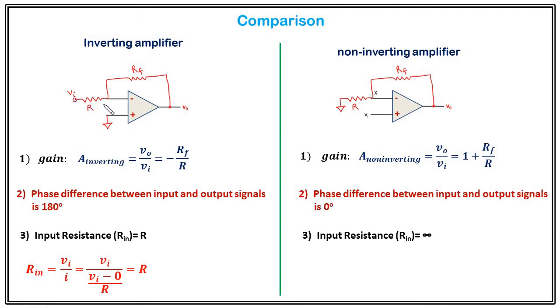Voltage here is VI and voltage at this point is 0 because this point is at virtual ground. Non-inverting terminal is at ground potential, and due to negative feedback there is a virtual short circuit between non-inverting and inverting terminals. So VI upon (VI minus 0) upon R, therefore R input is equal to R. Whereas in the case of non-inverting amplifier, this input voltage is directly connected to the non-inverting terminal of the op-amp.